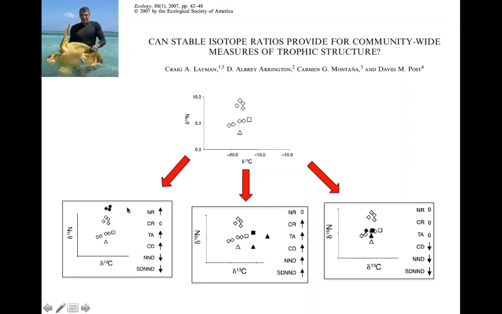The TA, a convex hull around all components of the food web, will also increase. The distance to centroid will also increase because you've got a new outlier group, say. Your nearest neighbor distance and standard deviation of nearest neighbor distance will then decrease. So your food web isn't as tightly packed as it was before.